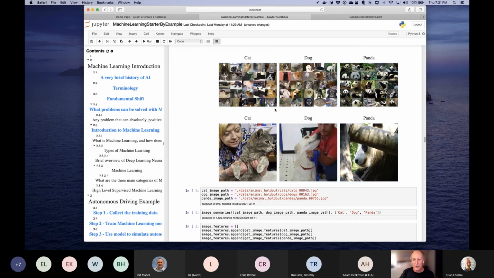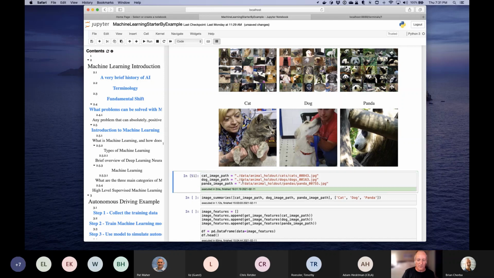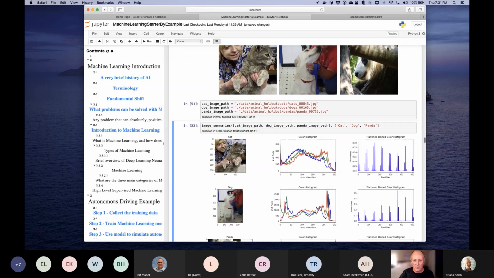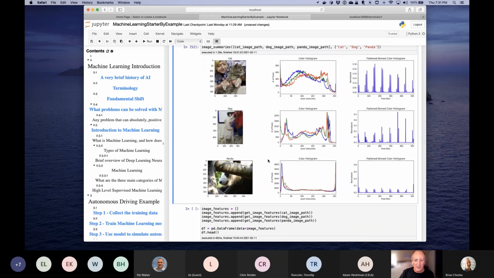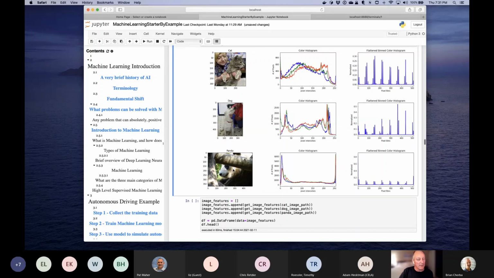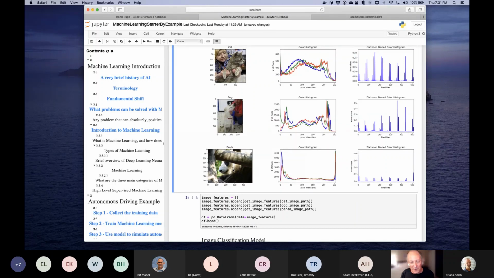Let's take a look at cat, dog, and panda. I'm going to do the same thing. So I picked some of these because I thought, well, this cat picture also has a person in it, so that's going to change the coloration of it. The dog picture that I have also has a person in it, so that could be changing the color of it. And then a panda, which is black and white, but it also has the tree that obstructs it.